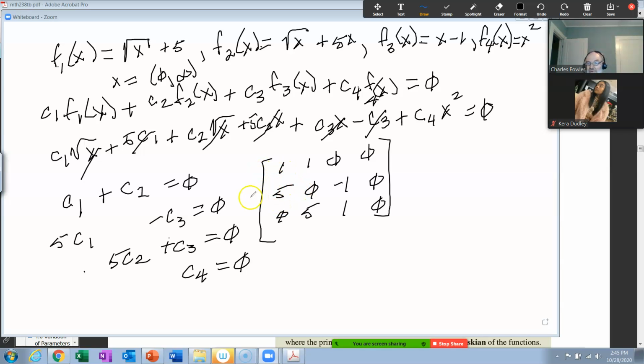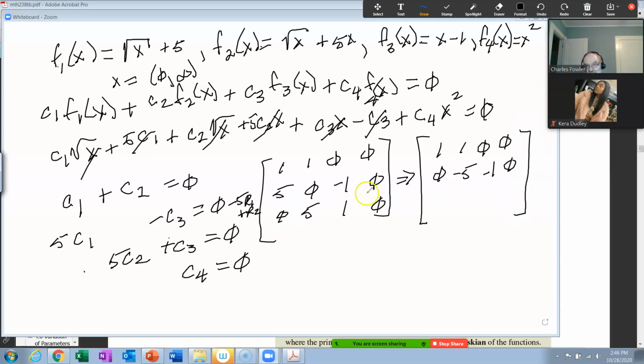Okay, what are we going to do? Minus 5 row 1 plus row 2. So we're going to leave row 1 alone. 1, 1, 0, 0. Row 2 would be minus 5 times 1 is minus 5 plus 5 is 0. Minus 5 times 1 is minus 5 plus 0 is minus 5. Minus 5 times 0 is 0 minus 1. And this one's a 0.